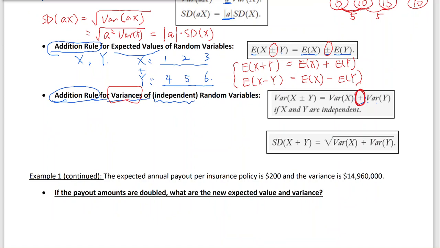So it doesn't matter whether it's minus or plus, it is always plus.